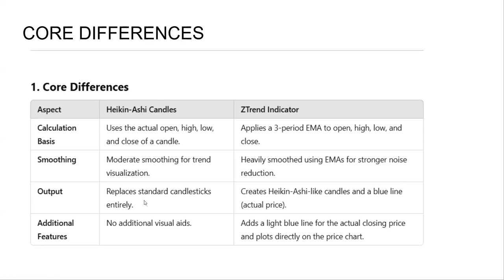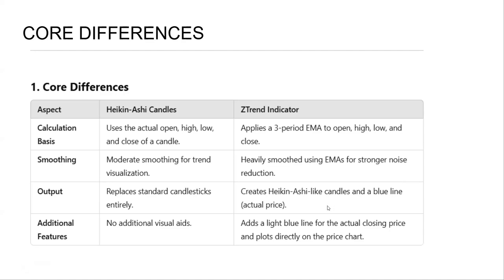Heikin-Ashi candle replaces standard candlesticks entirely and plots its own Heikin-Ashi candles. Z trend indicator creates Heikin-Ashi like candles and a blue line. That blue line will be the actual price.